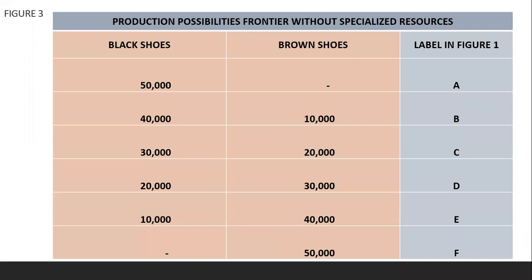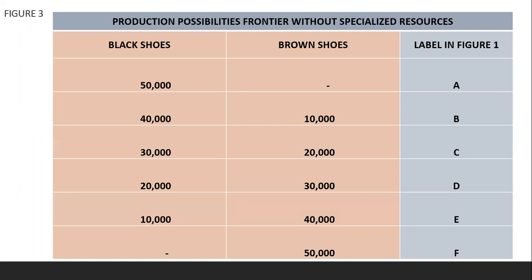Now in this example, we can see the production possibility frontier without specialized resources, for the production of black shoes and brown shoes. In order to produce brown shoes, you have to reduce 10,000 black shoes to produce 10,000 brown shoes.